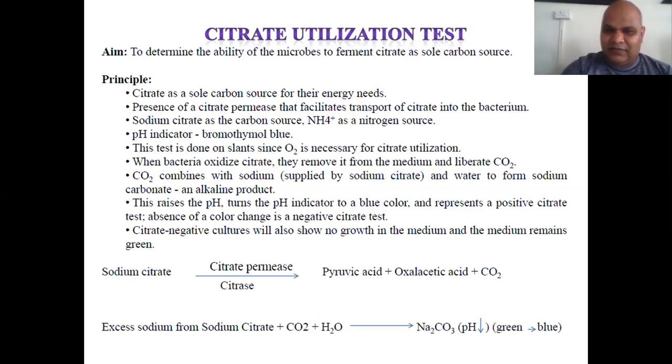Okay, so this carbon dioxide, when combined with sodium, which is supplied by the sodium citrate, and water, forms sodium carbonate, which is an alkaline product, and when the alkaline product forms, it actually raises the pH of the solution. Okay, the pH indicator turns blue and represents a positive citrate test.